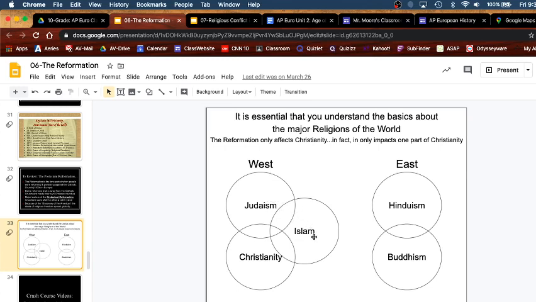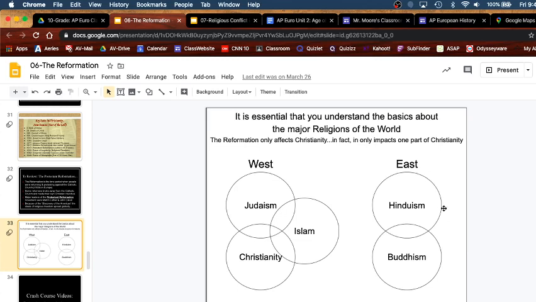And you would even read a story about a virgin who gives birth to a baby named Jesus who becomes a great prophet. That's in the story of Islam. So it's a very different religion, but there is some overlap, and that's what this little Venn diagram is supposed to show you. Completely separate religions, but they do have some core beliefs that are the same.